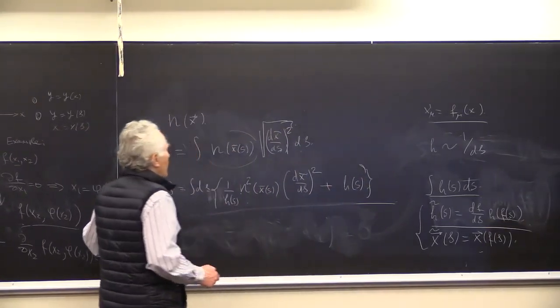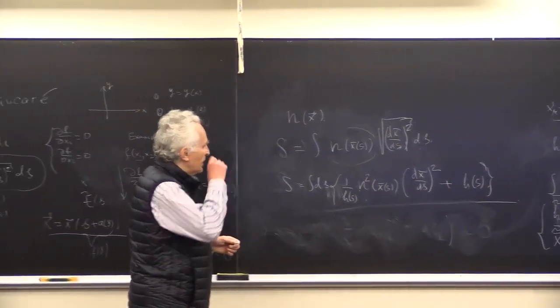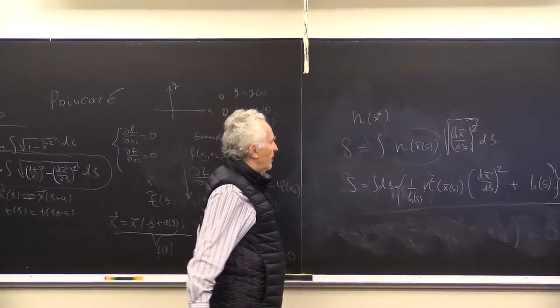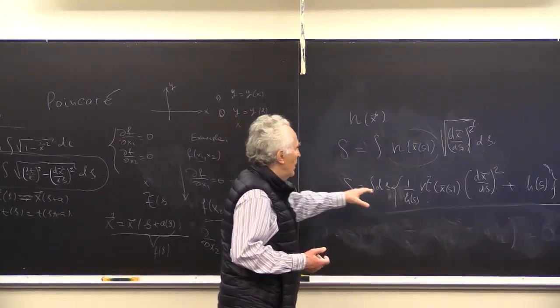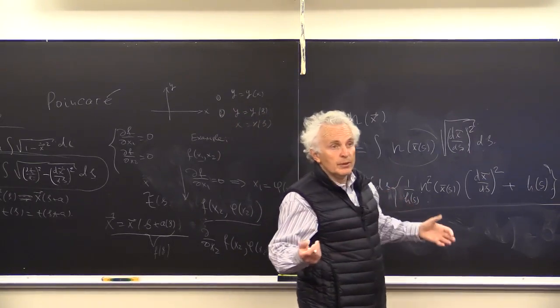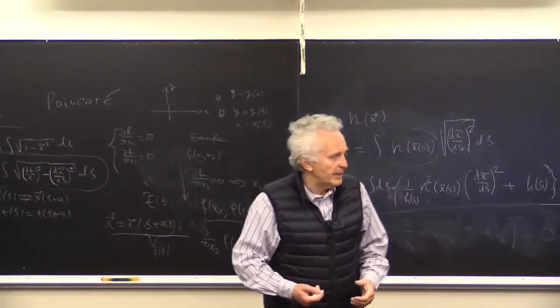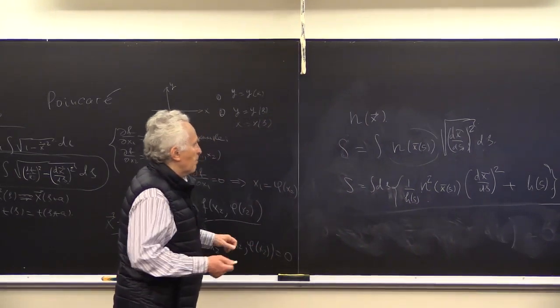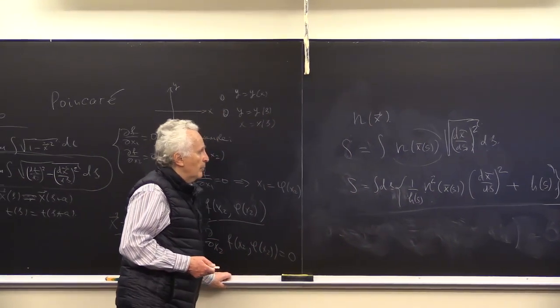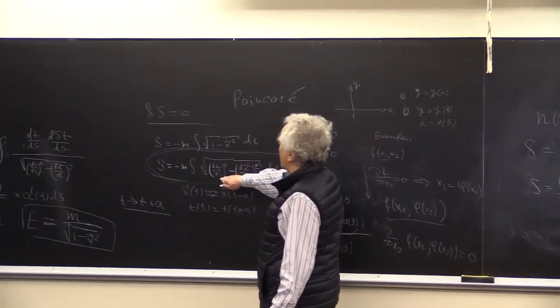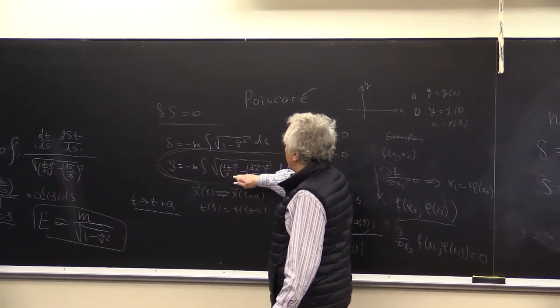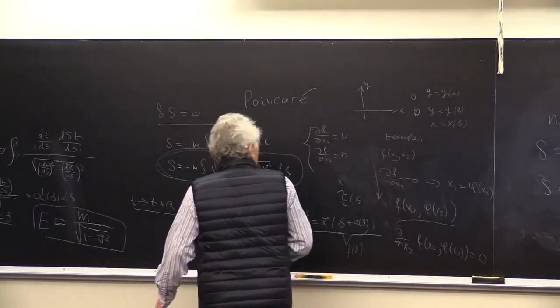But this time we can choose the gauge, and it is in our hands which gauge, which parametrization to choose. The functional doesn't depend on this. And before, when we looked at this form of the action, we chose the gauge s equals t.